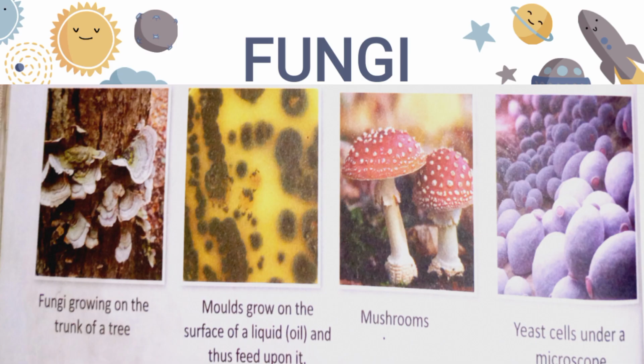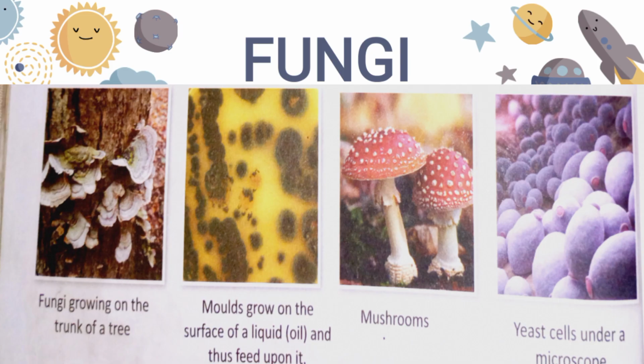As you can see, there are so many pictures, so let's discuss every picture one by one. The first picture is fungi growing on the trunk of a tree. You can see how this fungi looks; it is white in color. Next, molds grow on the surface of a liquid oil and feed upon it.